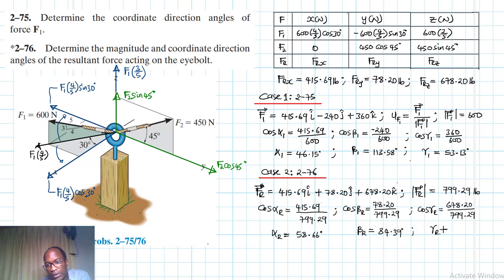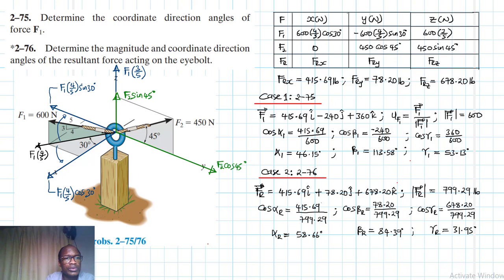So gamma r is just going to be equal to cos inverse of 678.20 divided by 799.29, which gives us 31.95. All right, so I think we are done.